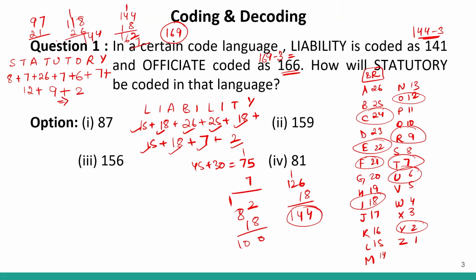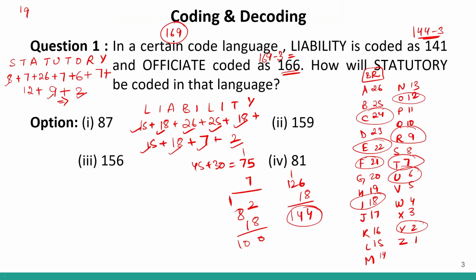Correct? Let us find the sum. So if I sum this, 9 plus 8 will give me how much? 17. 17 plus 2 will give me 19.